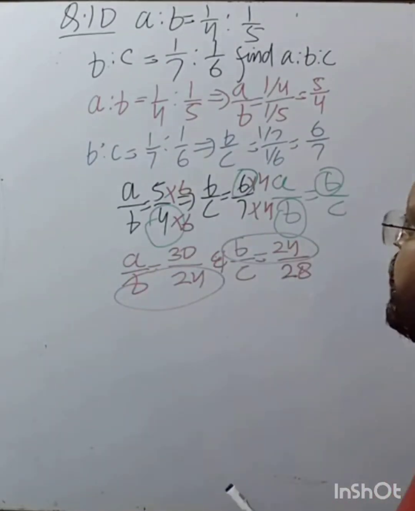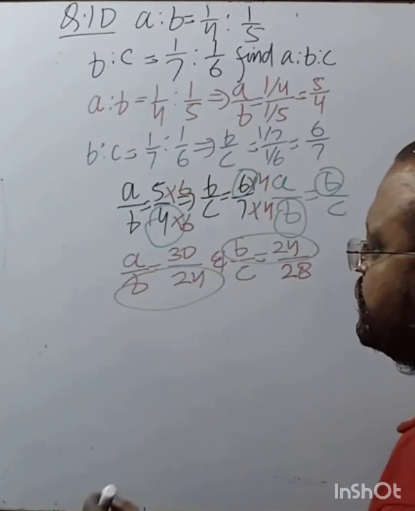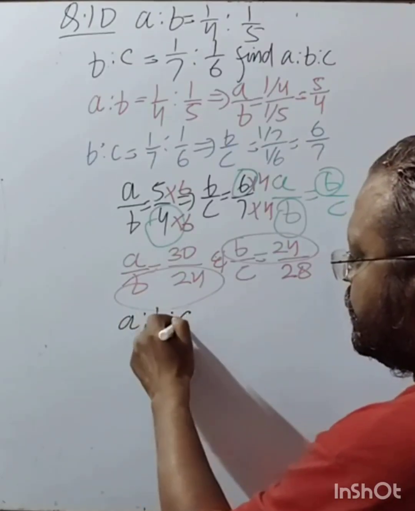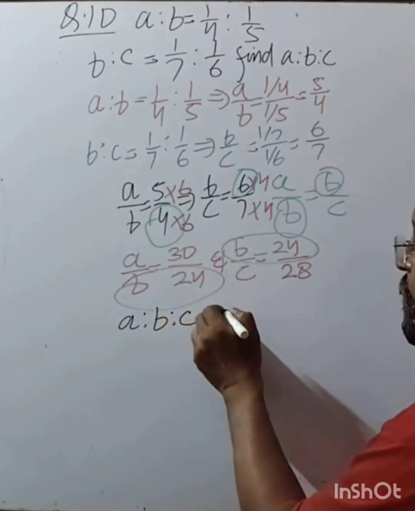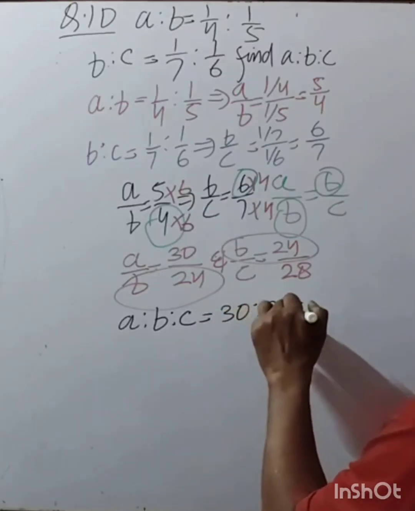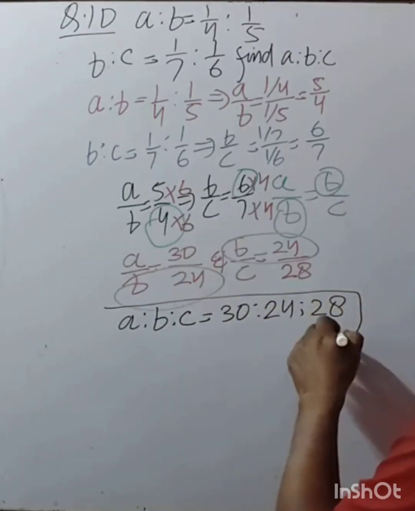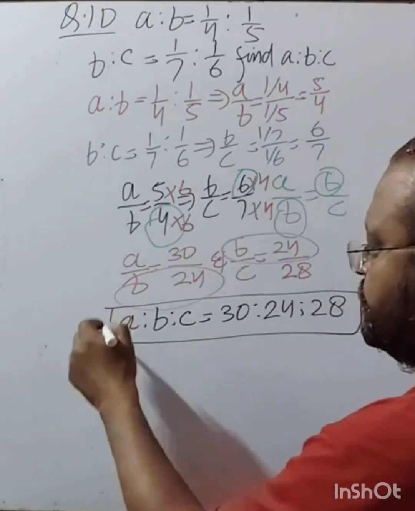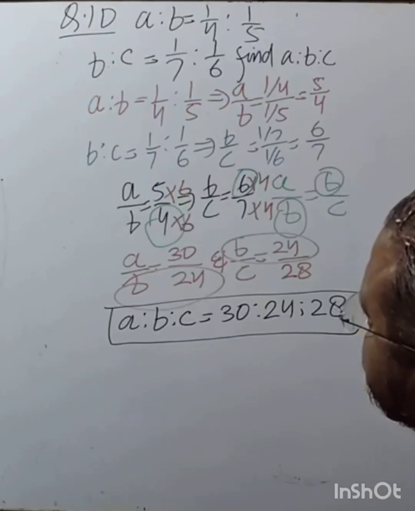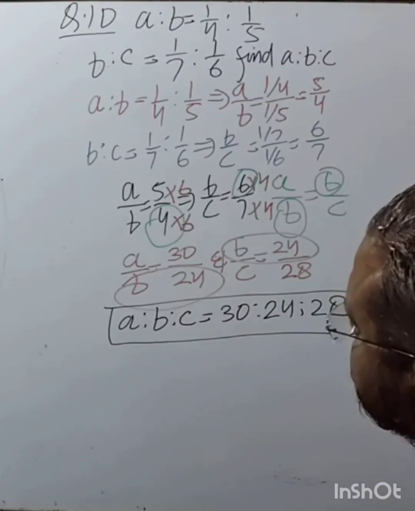So now you get A ratio B ratio C is equal to 30 ratio 24 ratio 28. You get this? So 15, 12, 14.